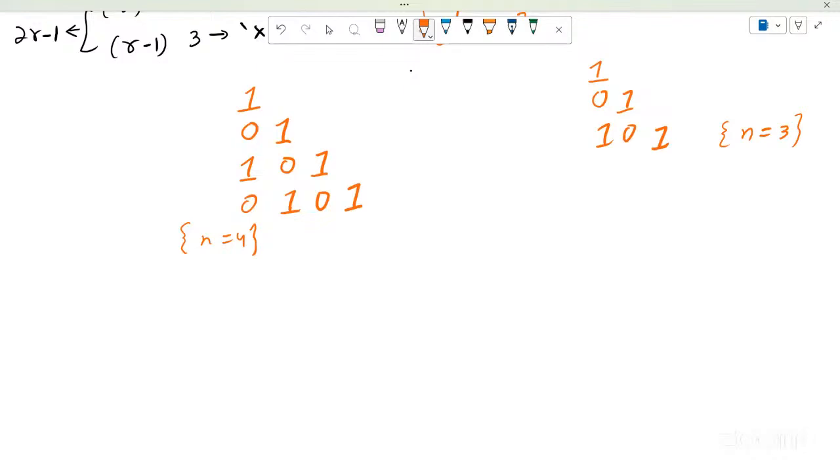So can you help me establish the relationship first? R is equal to what and c is equal to what? R is less than or equal to n and r plus plus.